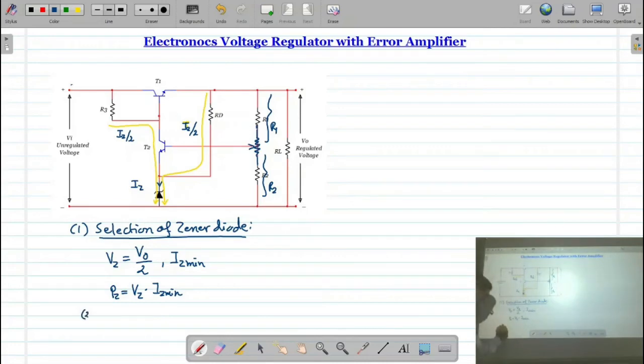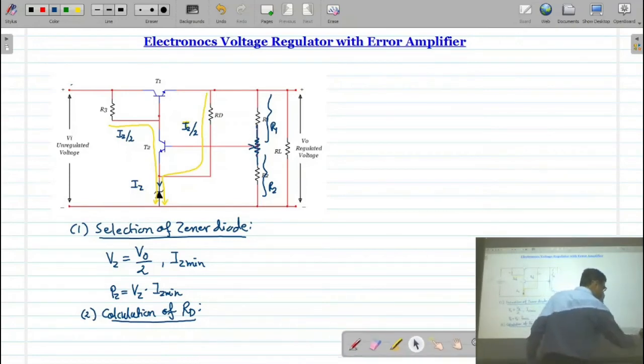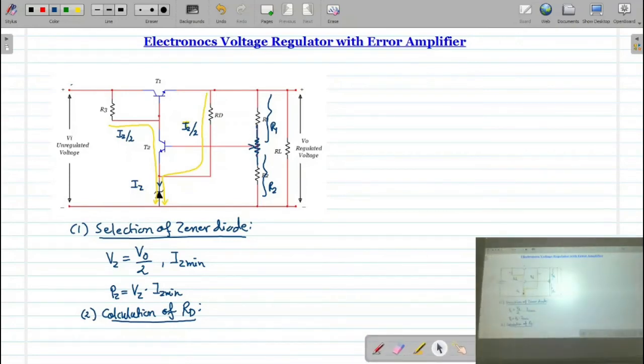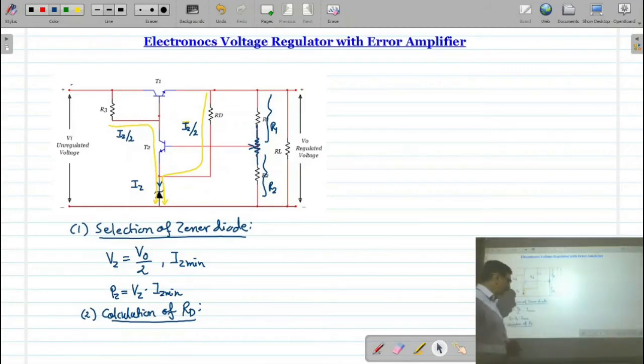Then calculation of RD. Remember, normally in the design part, whenever you have to calculate either current, voltage or resistance, you can apply Ohm's law, and with the help of that you can calculate. Correct?